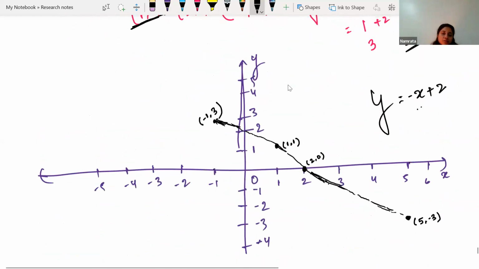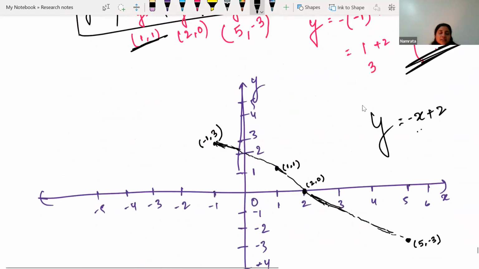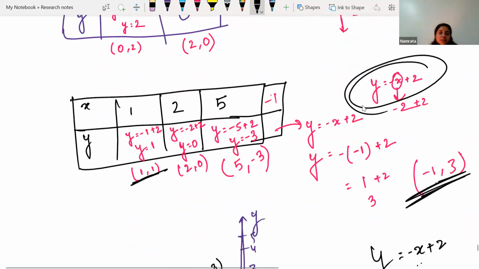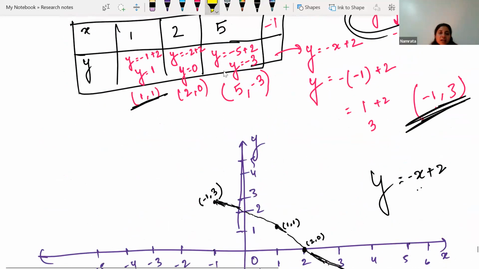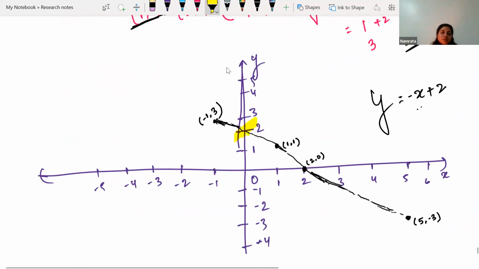Previously, within 1 or 2 minutes, we plotted the graph by taking only 2 points. You can see that straight line and this straight line are exactly the same. Why am I saying it is exactly the same? You can see it is touching the y-axis at 2. My graph is also touching the y-axis at 2.